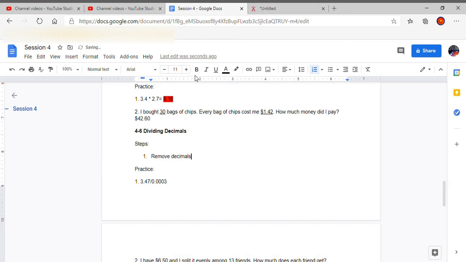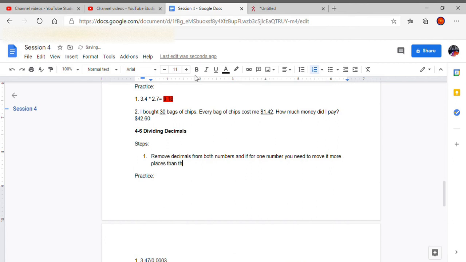Remove decimals from both numbers, and if for one number you need to move it more places than the other number, then add the extra amount of movements as zeros for the other number.